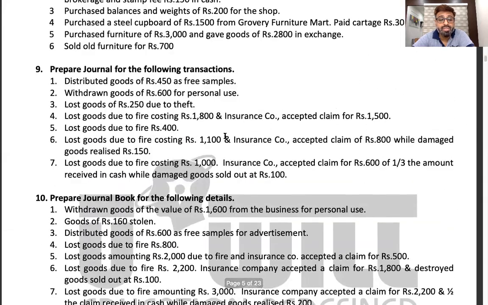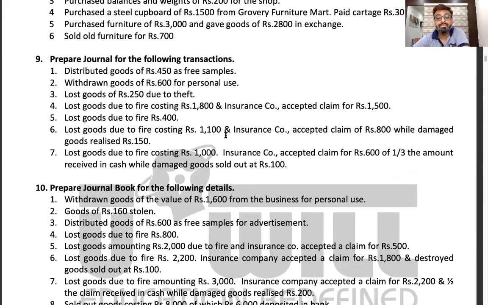Yes, question 9. Which transaction? 7th: lost goods due to fire costing rupees 1,000. An insurance company accepted a claim for rupees 600, of which 1/3 amount is received in cash, while damaged goods sold out for rupees 100. Now I told you you'll go in reverse. Damaged goods sold for what amount? 100.